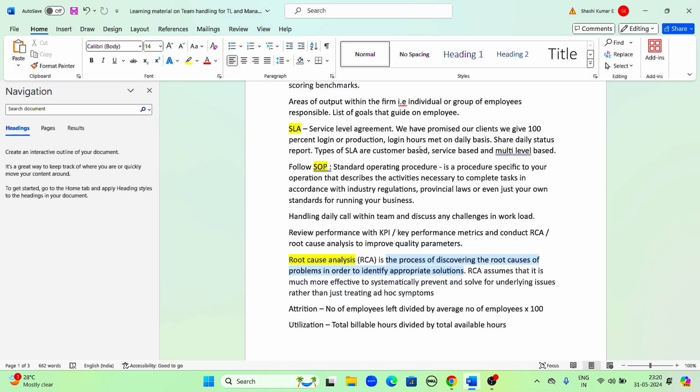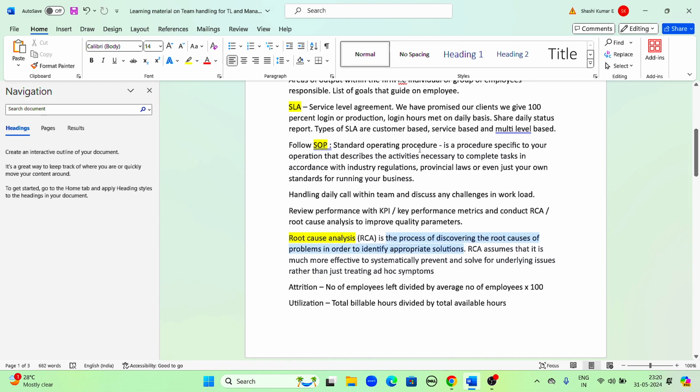The types of SLA are customer based, service based, and multi level based. SLA is like, for one particular case, either it will be a 1 day SLA or within 3 days we have to finish that case. If not, it will go out of SLA. Whoever has worked in banking or accounts or multiple domains would be aware of this SLA in the process.